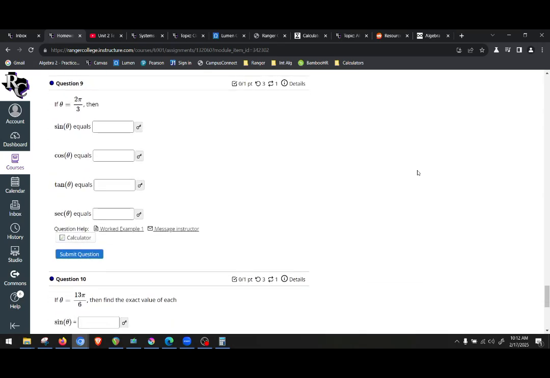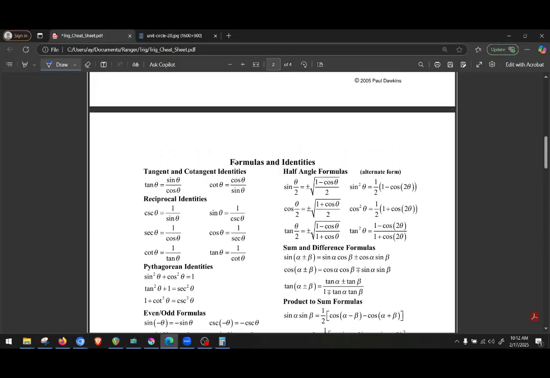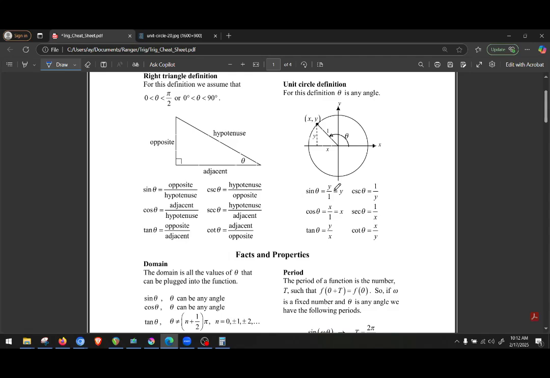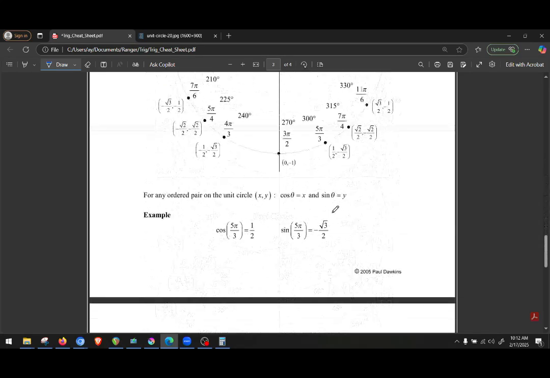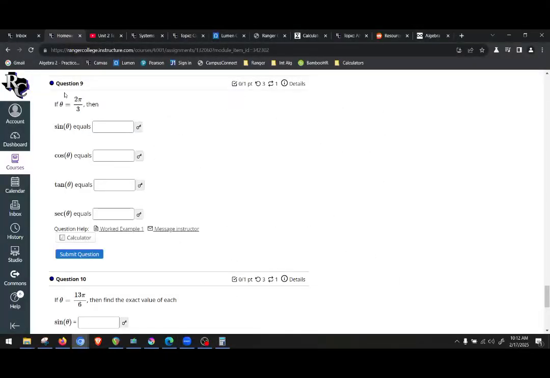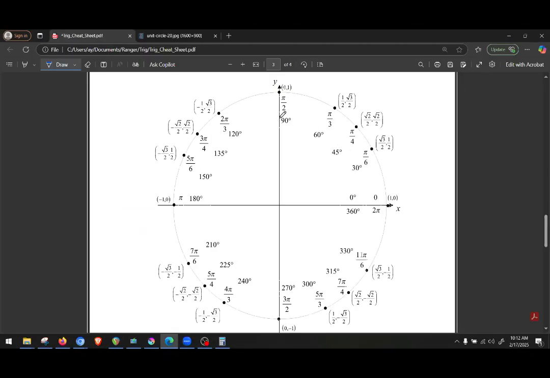Okay, number 9. If theta is 2 pi over 3, then what is sine of theta? Well, if you remember, sine of theta equals y from here. Cosine theta is x, remember that. And theta is 2 pi over 3. Let's find that.